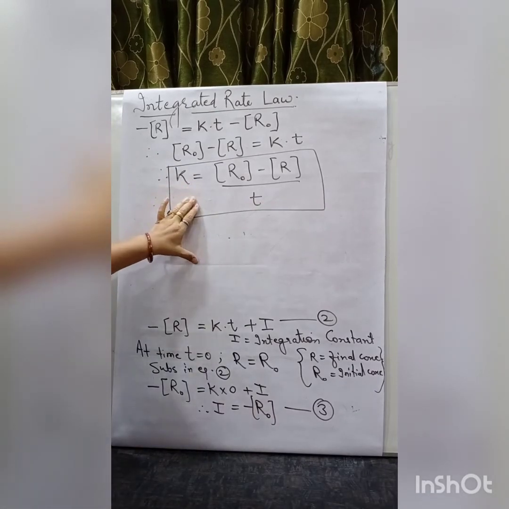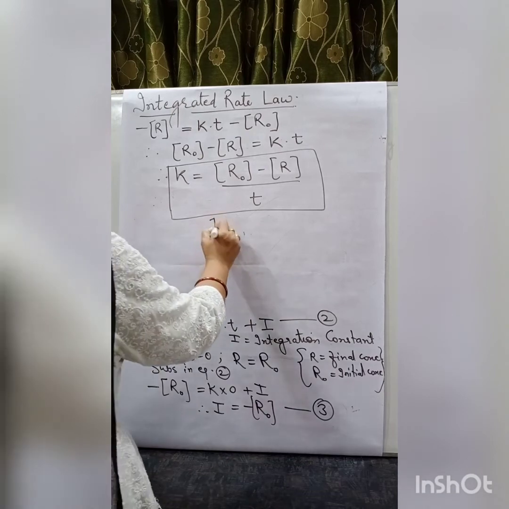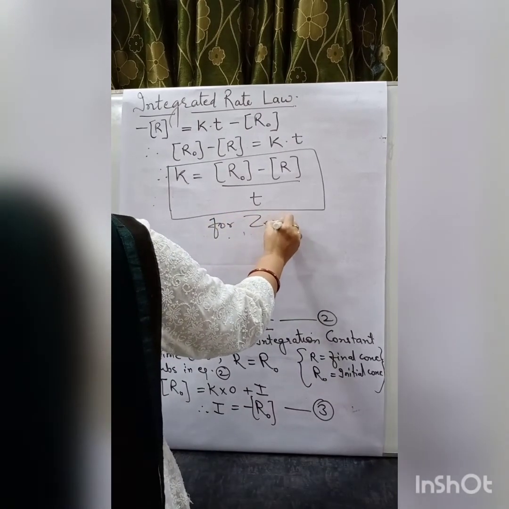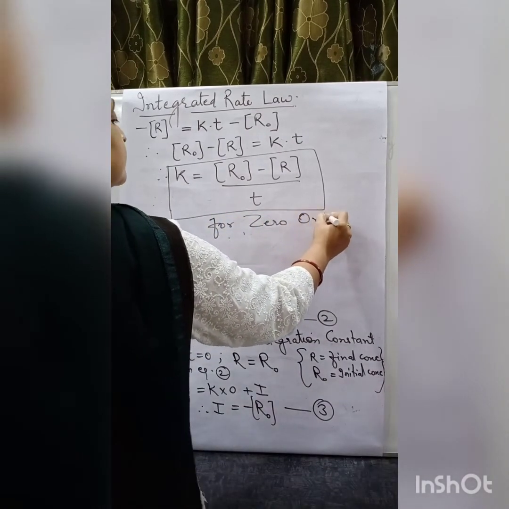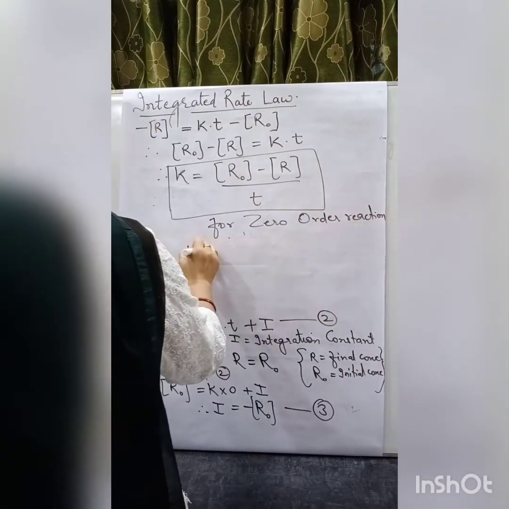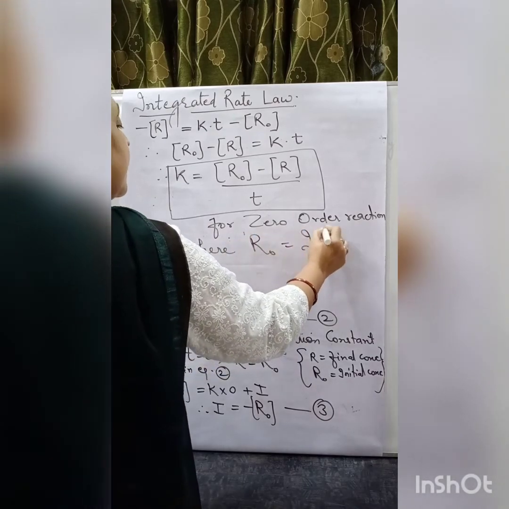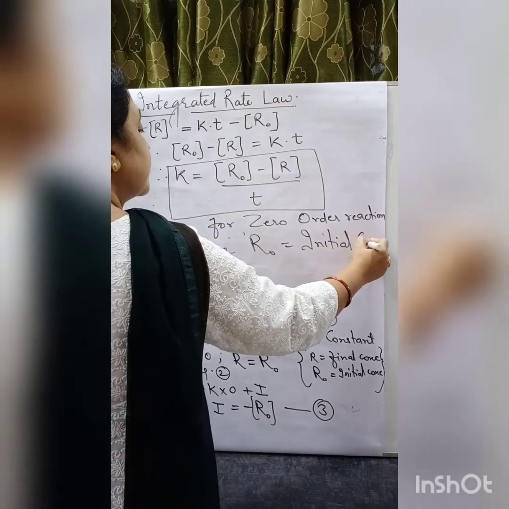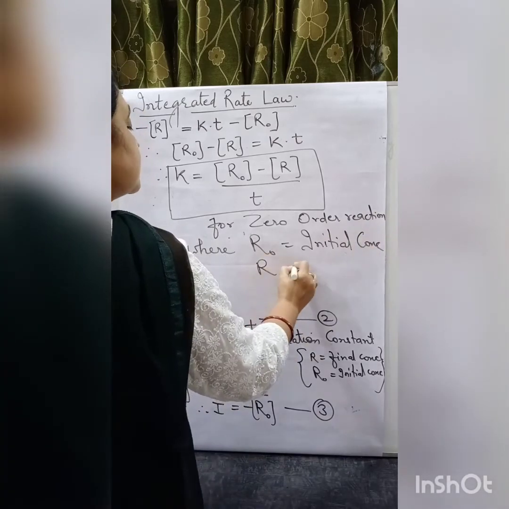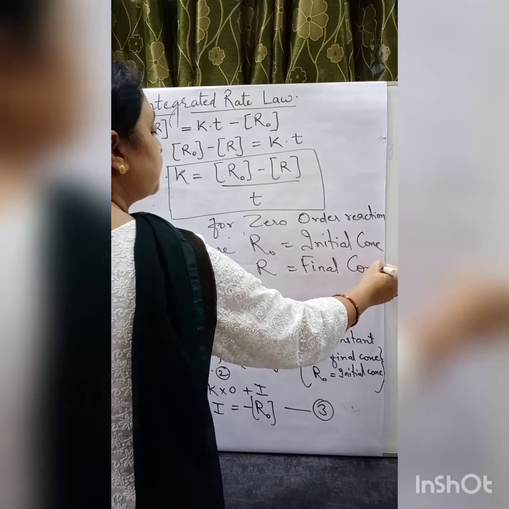You have to remember this. It can be asked in the form of a numerical. So this is for zero order reaction, where R0 stands for initial concentration and R stands for final concentration.